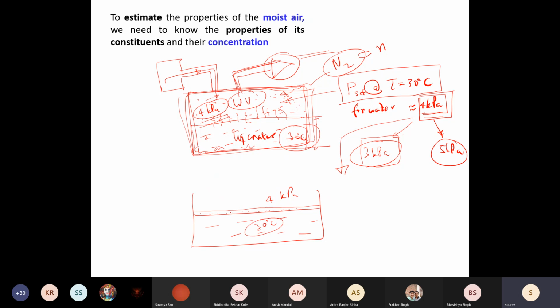Now, if by some means I draw this vapor out and reduce the pressure over here, then the liquid molecules just at this surface will move into vapor phase and try to replenish this vapor layer in order to regain that equilibrium. Okay, so it will happen just at this surface, at this liquid vapor interface.